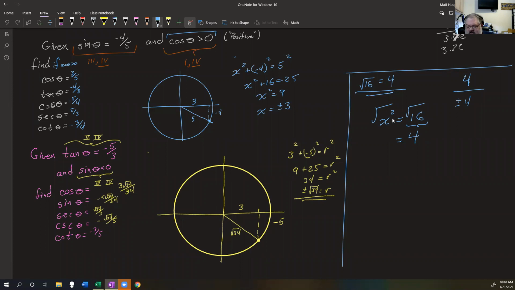What is the square root of x squared? X. No. Plus or minus X. No. Dang it. So what's the square root of 5 squared? 5 squared is 25.